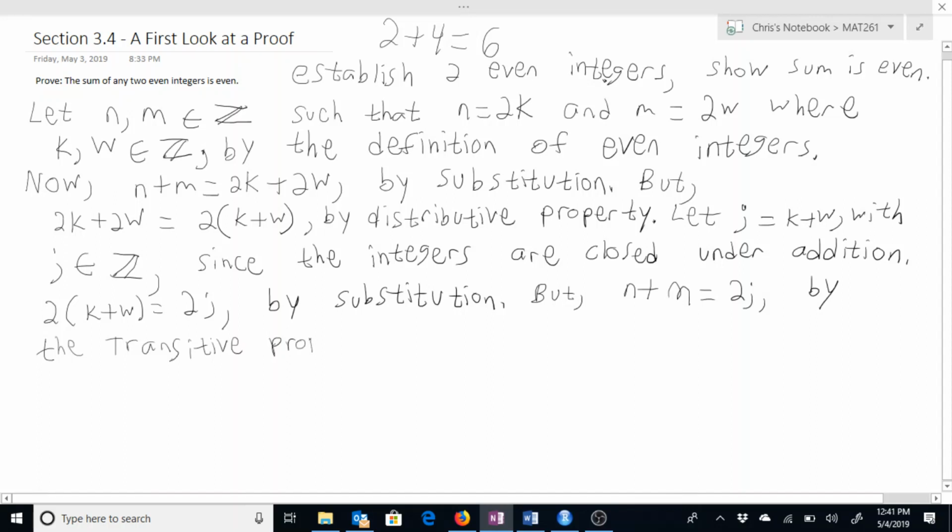And we know that because we have all these equalities throughout this proof, showing from n plus m all the way down to 2j.